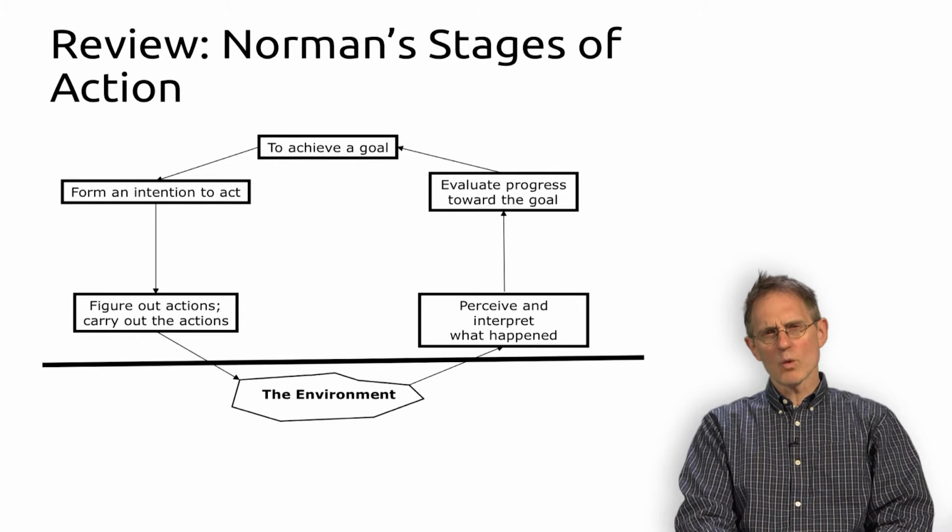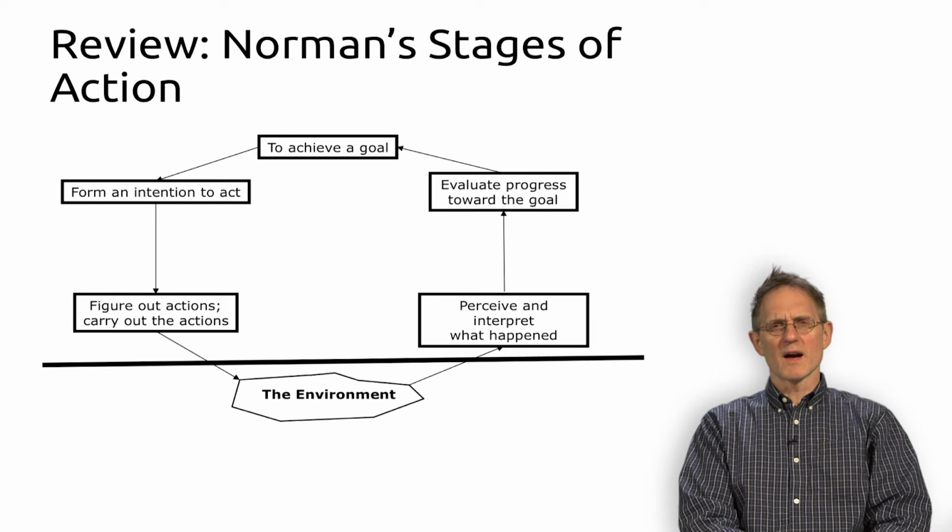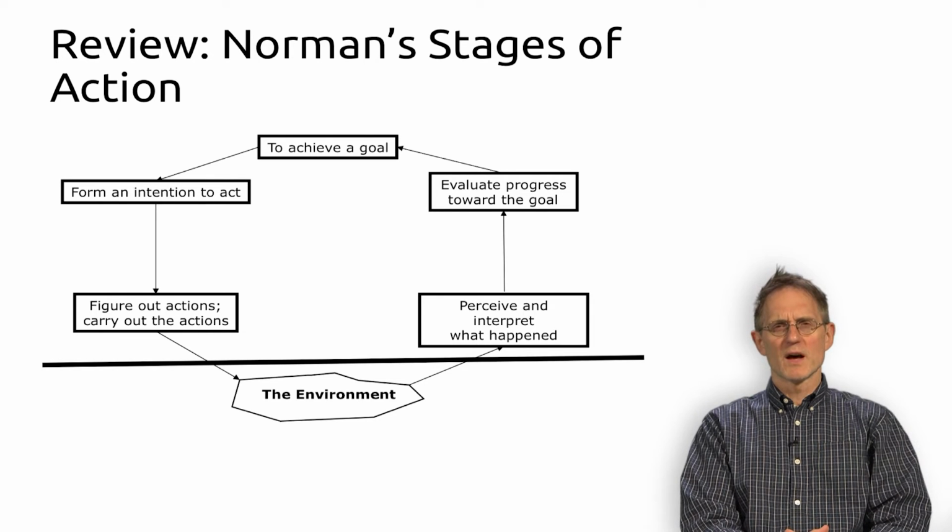Now, cognitive walkthroughs were developed in the context of Don Norman's theory of how people use interfaces. We saw this in one of the earlier courses in this specialization, and I'm going to review this quickly. Don Norman proposed stages of actions that people go through as they're trying to do a goal-oriented task.